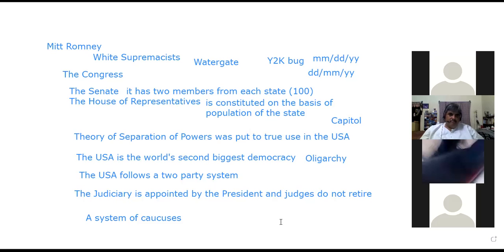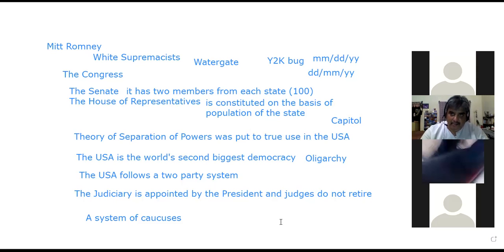Now, all this has to be seen in the context, I'm going to wind up with the United States today, in which these offices emerged. The context was that they wanted a powerful country.